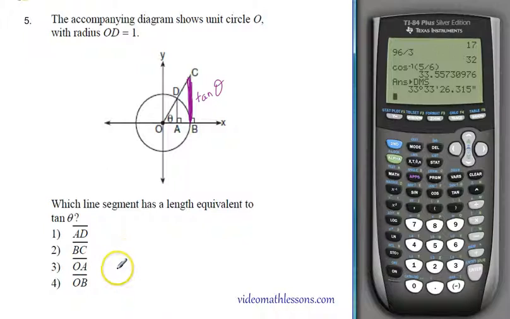So when they ask who's the tangent, it would be BC. Who is cosine? OA. That's cosine. You should be able to identify the parts now. Who is sine? That would be AD. Who is OB? That's just a radius. And they were looking for tangent, which is choice 2.